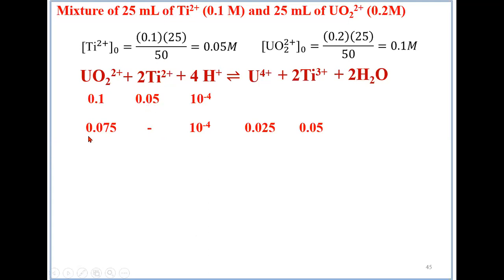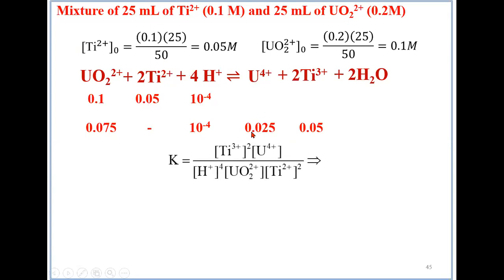Do that separately. And then here you have minus X, plus X. Now, what about the H plus concentration? This is a buffered solution, so initial will be the same as the final concentration. Do not change that. Whatever you have initially is also going to be whatever you have in the final solution. For the products, here you have X, and here you have 2X.